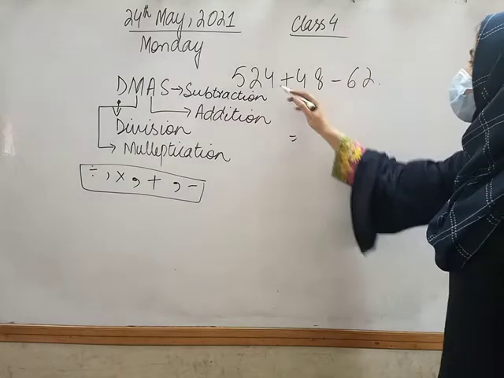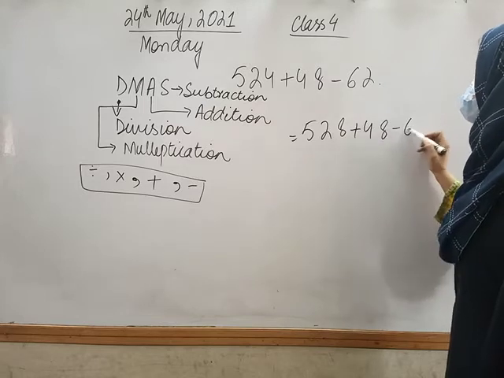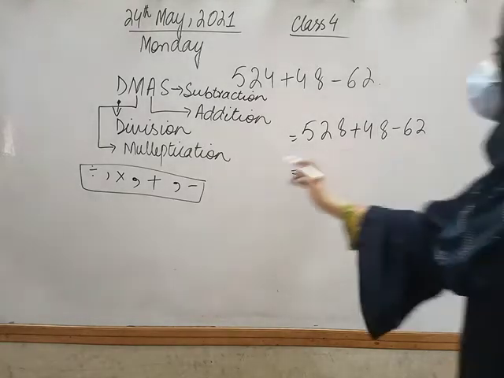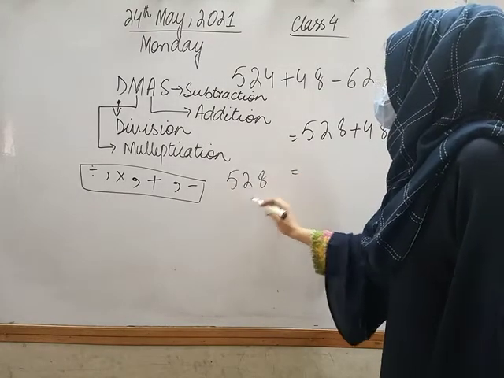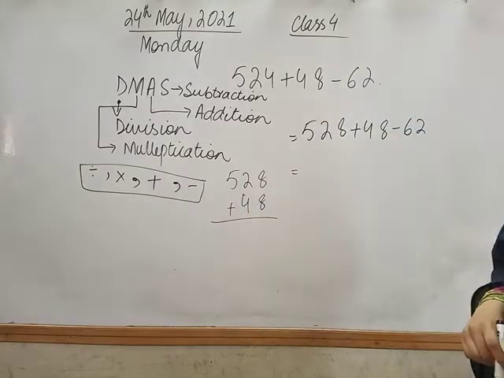Now I am going to write first, which is 528 plus 48 minus 62. This is my question. Now first of all, I will add the first two terms. If you look, we have an addition sign in between 528 and 48. Fine. So I will add both of the values. 8 plus 8 is 16.